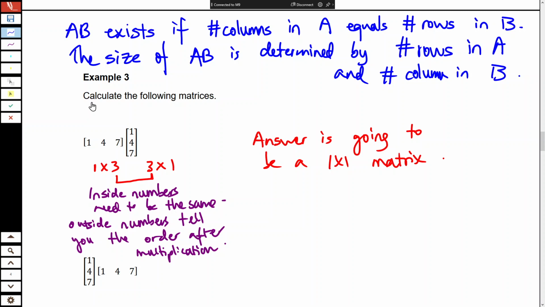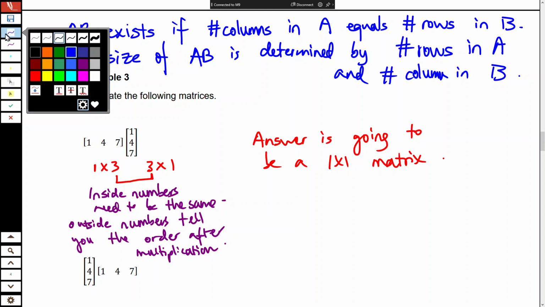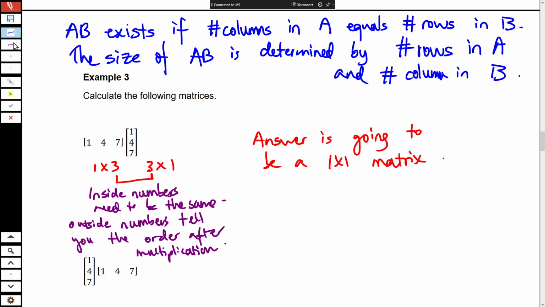A 1 by 1 matrix. This is a very unusual matrix. It's a matrix with just one number. One row, one column. So let's apply the approach. To get the number in row 1, column 1 of our answer, we will use the first row in the first matrix and the first column in the second matrix.